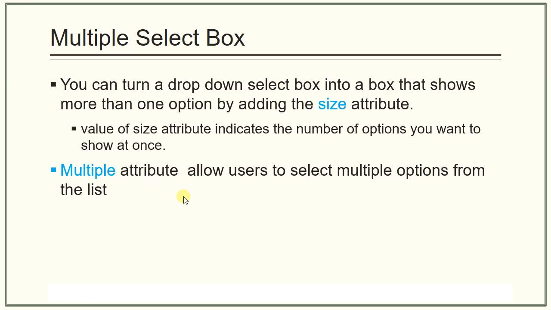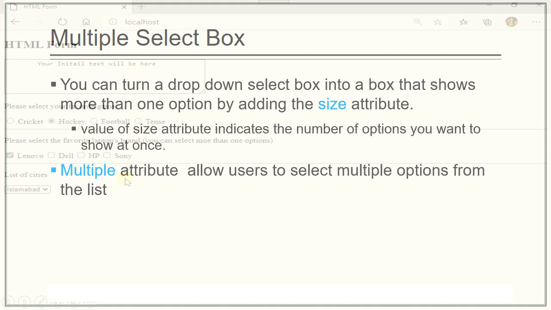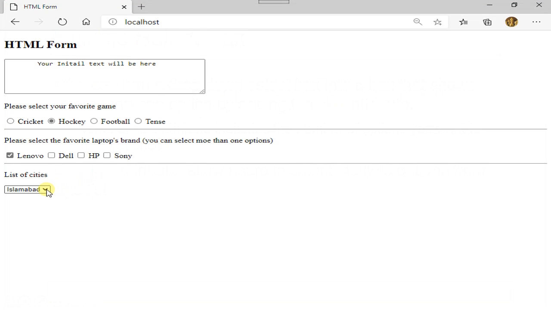For practical implementation, let's convert the drop-down list box we already created into a multiple select box. So this is the drop-down list box we already created. We want to convert it into a multiple select box.